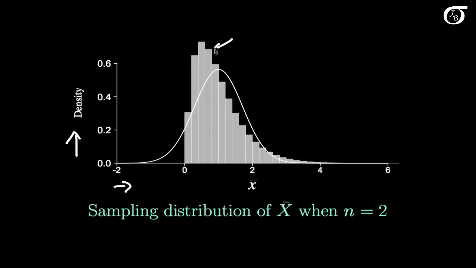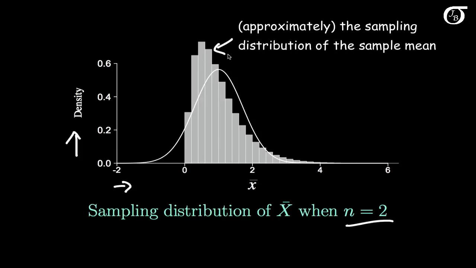The gray histogram here is a histogram of those 1,000,000 sample means where n is equal to 2. And this is going to be approximately the sampling distribution of x bar in this scenario. In this particular case, we can mathematically work out the exact sampling distribution, but here I've done it through simulation.